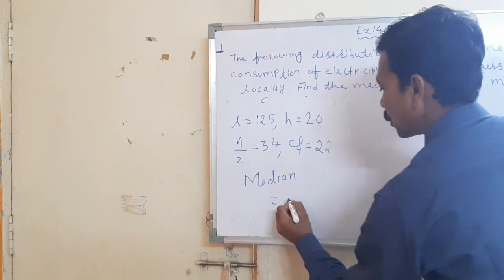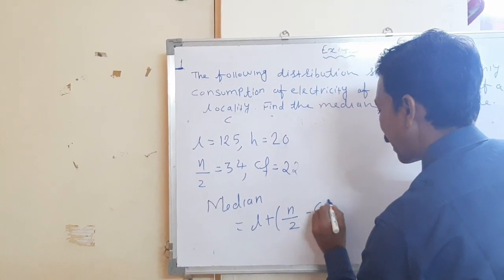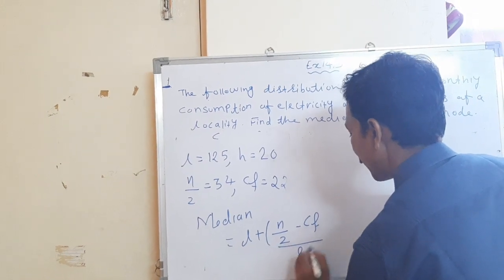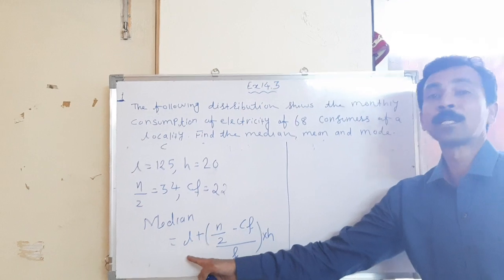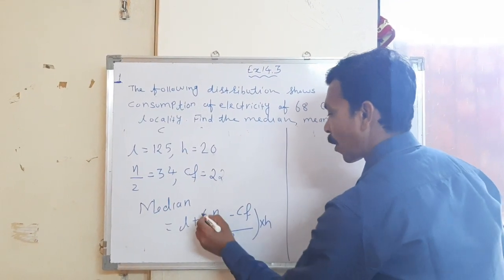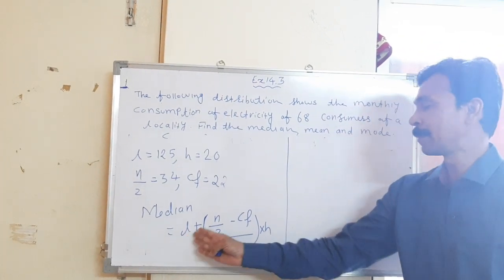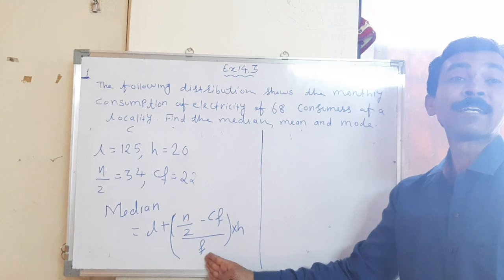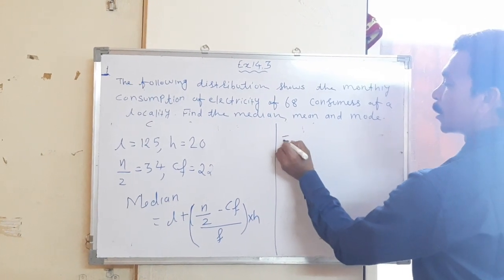Median is equal to L plus n by 2 minus CF upon F into H, where L is lower limit, CF is cumulative frequency, F is frequency, H is class size.